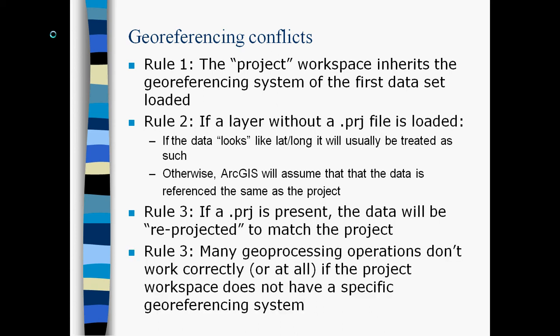I guess this would be rule number 3A or 4, mislabeled as 3. There's another issue around georeferencing conflicts. If the workspace does not have a georeferencing system set, for instance, if somebody has loaded 3 files in a row that have no PRJ files, and the whole system is undefined, then most geoprocessing operations, such as the ones we're going to discuss shortly, won't work correctly, and/or they may not work at all.